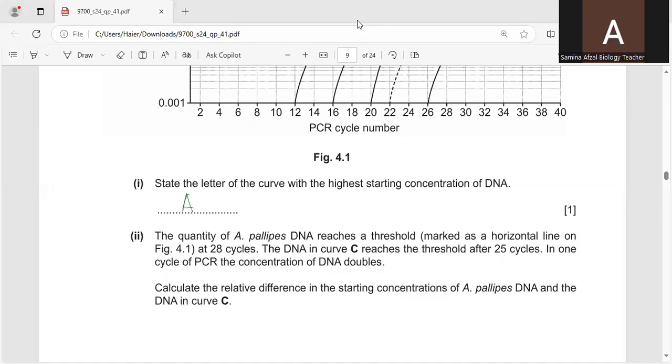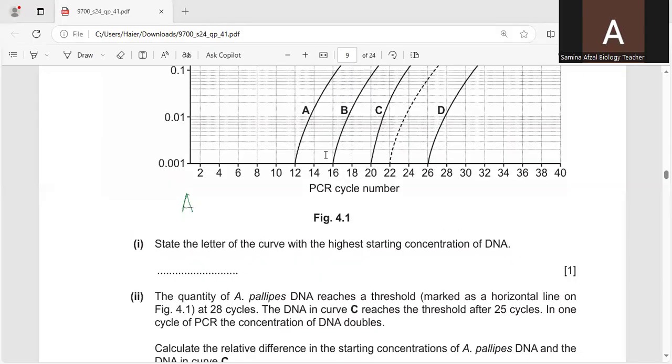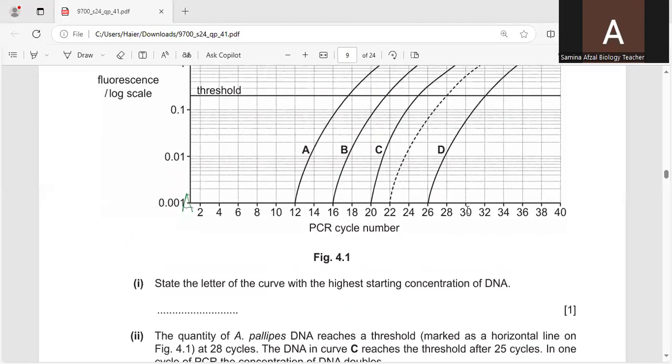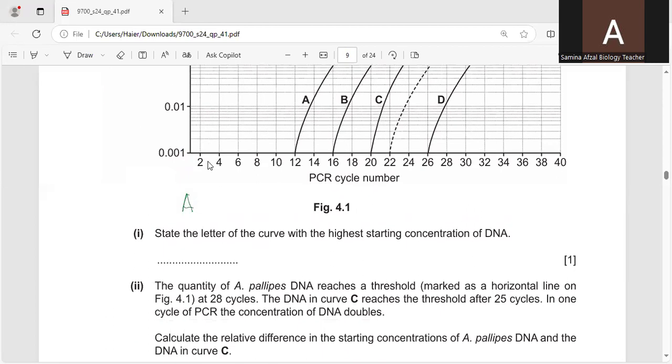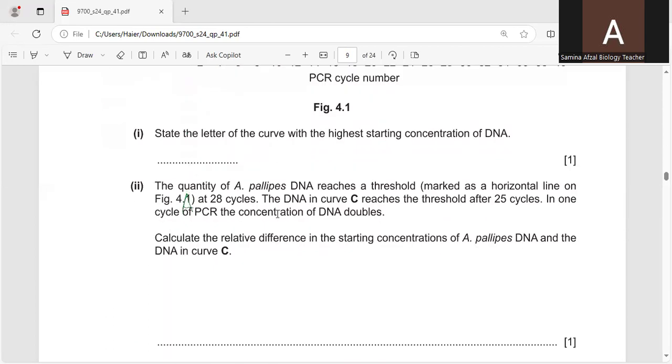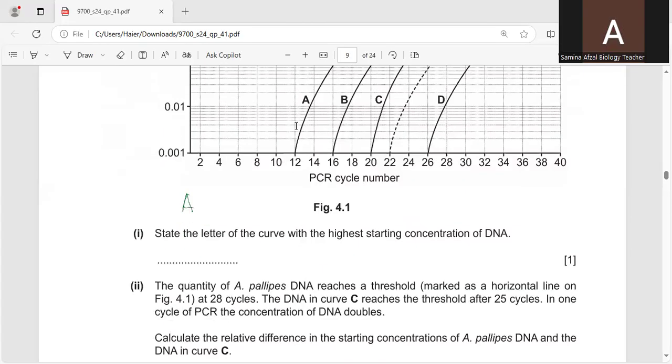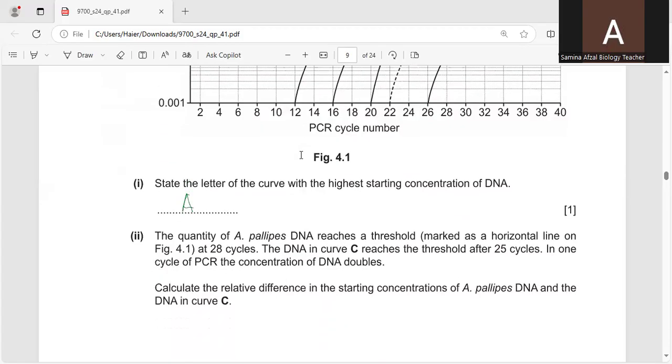The quantity of A. papillis DNA reaches the threshold, marked as a horizontal line in the figure, at 28 cycles. You can see this is 28 cycles. Now, the DNA in curve C reaches the threshold after 25 cycles.